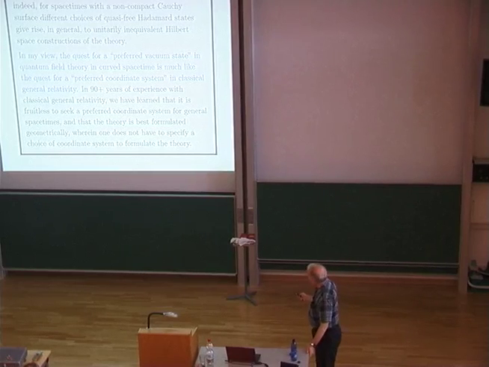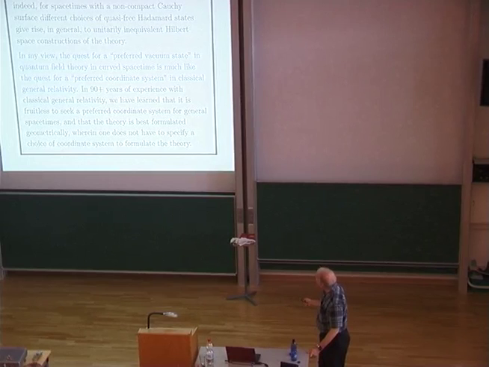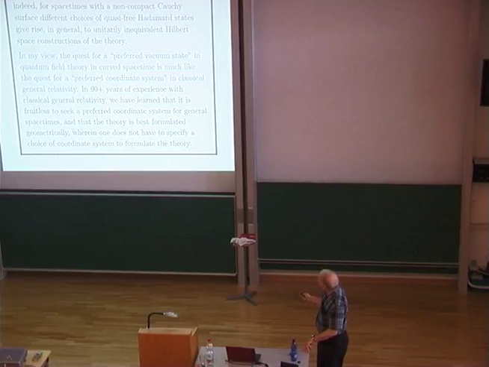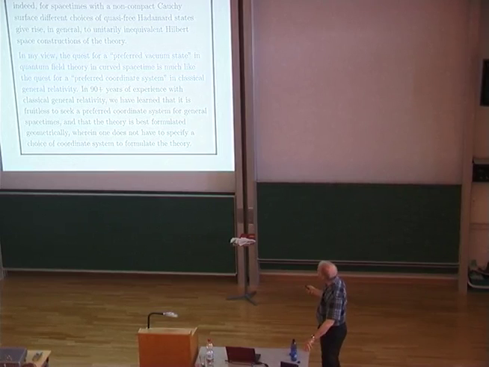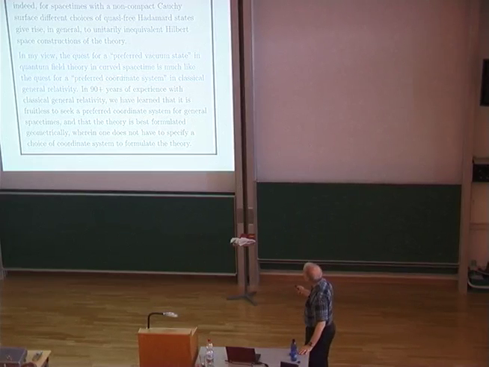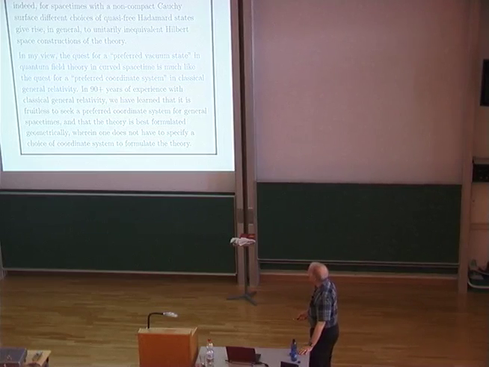Well, I think it's safe to say now that more than 90 years has passed since the formulation of the theory, and no one has come up with a useful notion of a preferred coordinate system. In fact, there are theorems that you can't globally over all space-times choose consistently some preferred coordinate system. But anyway, even if one could, it's not particularly useful. It's much better to formulate the theory geometrically and not have to specify some choice of coordinate system to formulate the theory.